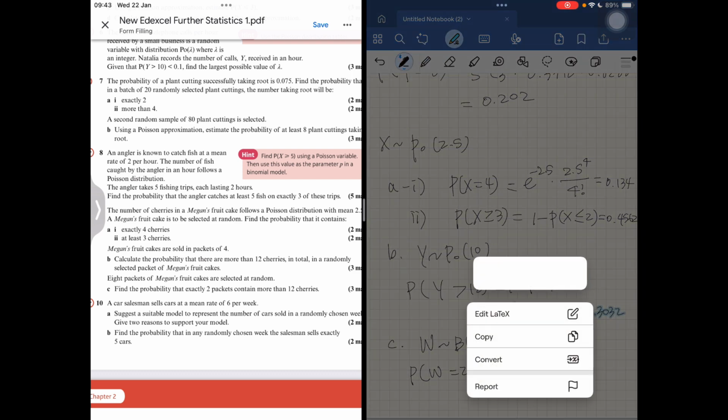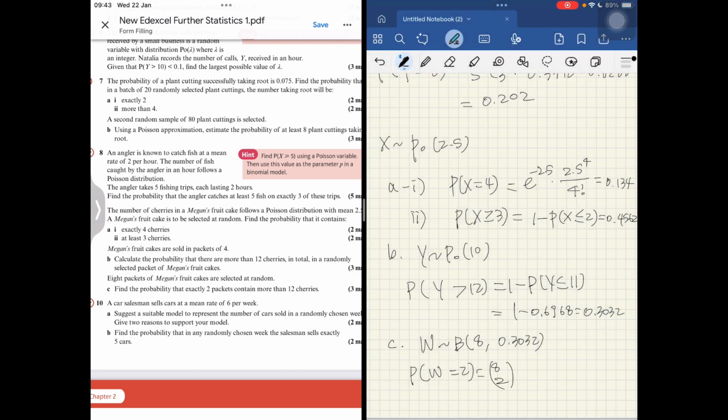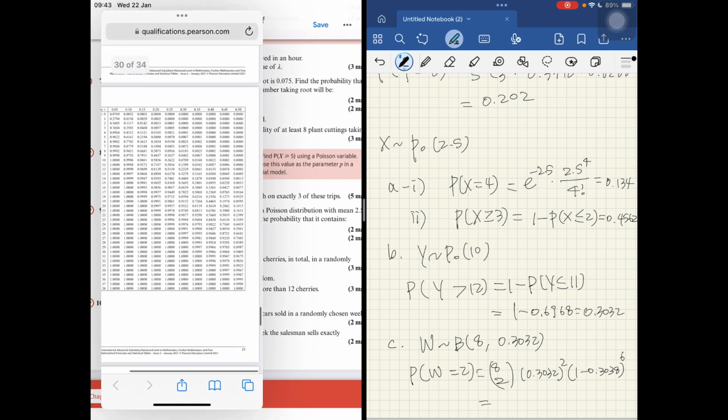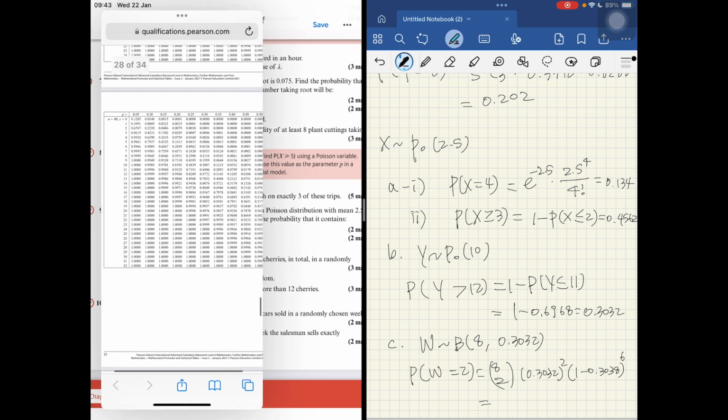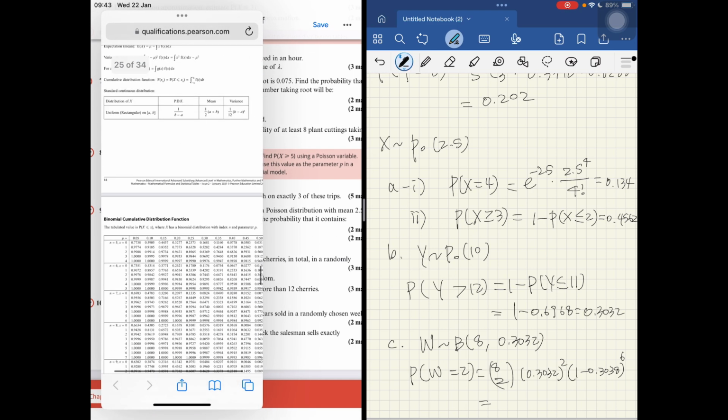So 8C2 times 0.3032 to the power of 2 times 1 minus 0.3032, which is 0.6968, to the power of 6. Let me check what kind of table we have for this binomial.